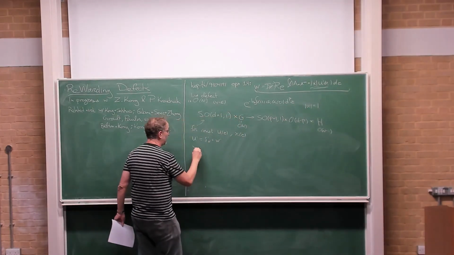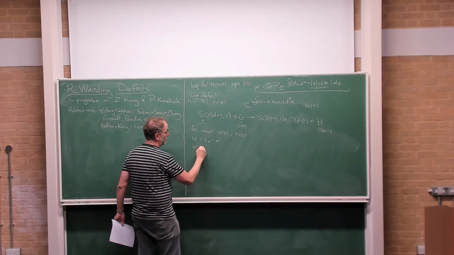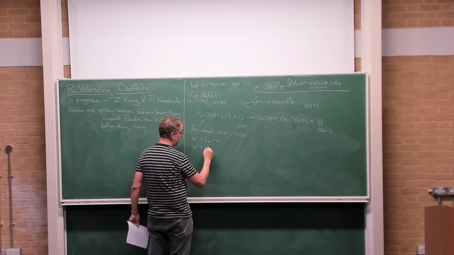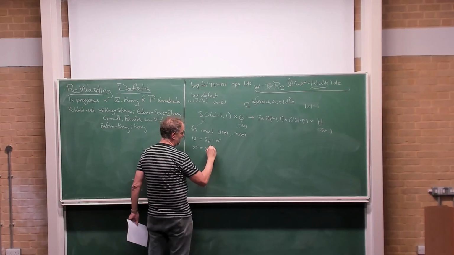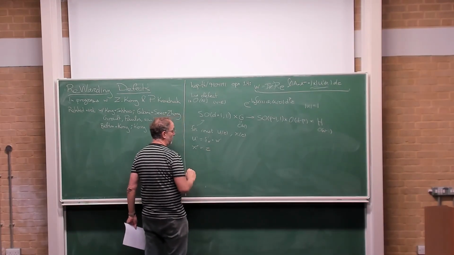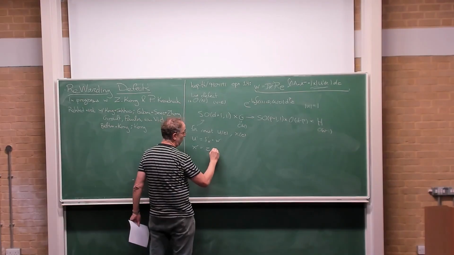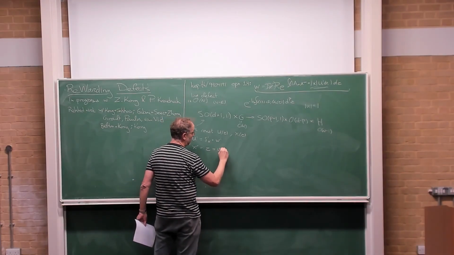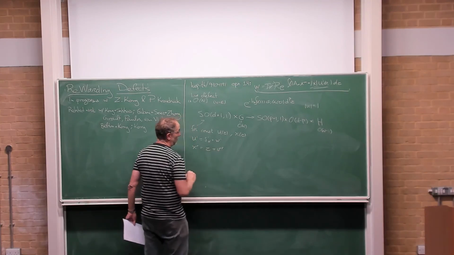Likewise, I can take x^mu to be planar. So it's going to be tau, essentially, plus a small deformation in the normal direction.